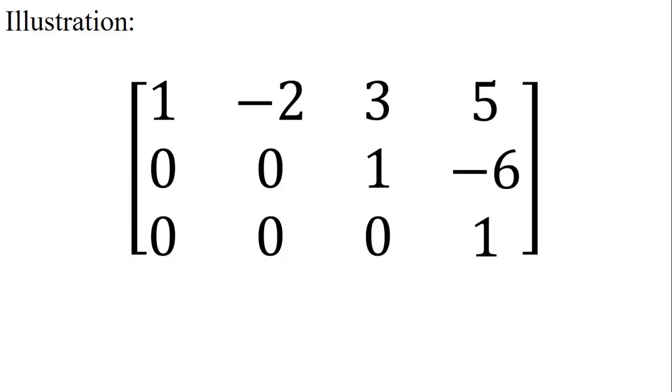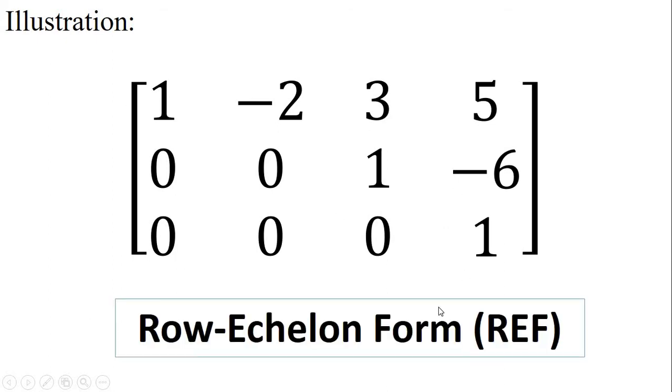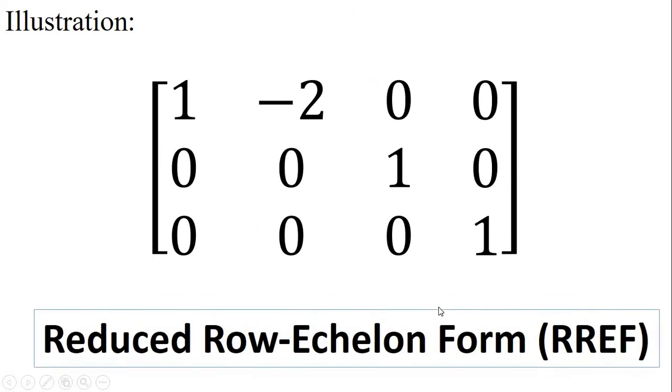For example, this matrix, as you have observed, is in REF. The first non-zero number in every row is a 1. This matrix is in reduced row echelon form or in RREF. This matrix is in REF, and the entries above and below every leading entry is a 0.